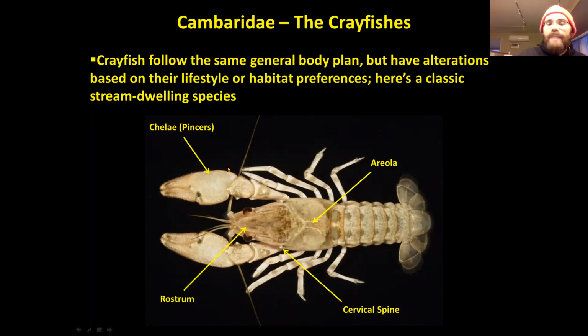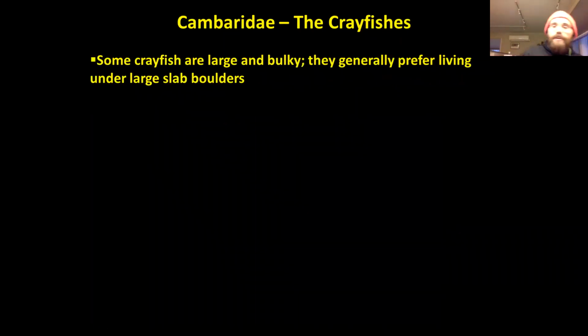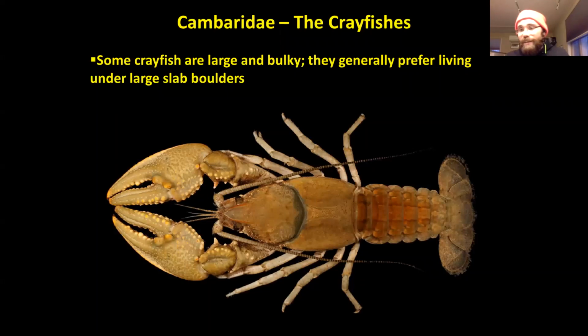And then the chelae, the shape of them will change depending on what this animal does for a living. So some crayfish are going to be large and bulky in shape. And this particular example, Cambarus hazardi, you can see it's kind of flattened out a little bit dorsoventrally. So kind of like we were looking at those mayflies earlier. So these guys prefer living under big, large slab boulders.